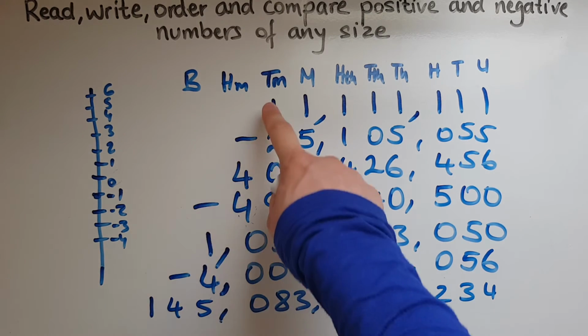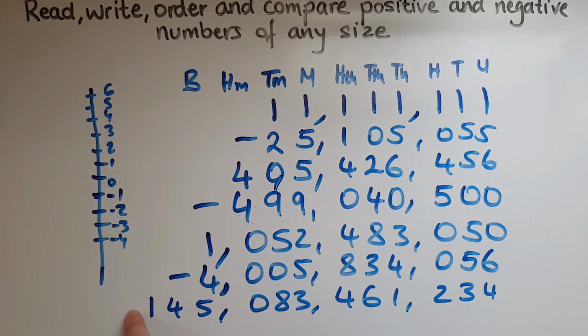And as you can see, this one has more digits than these have. So it's got to be the biggest number of them all. So 145,083,461,234. So that's the biggest one.